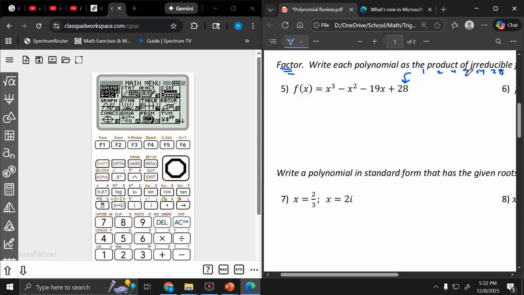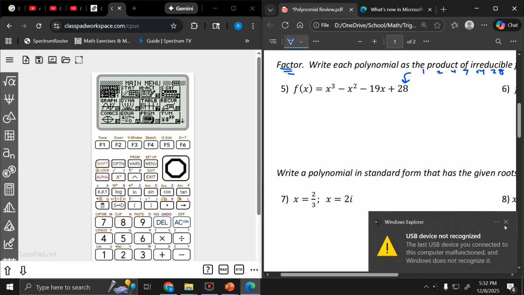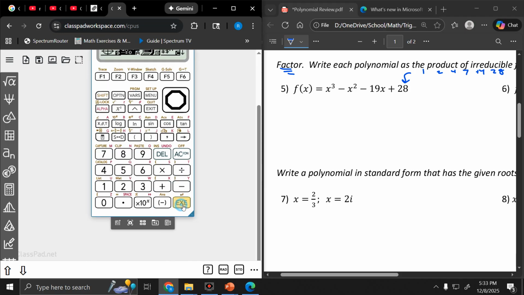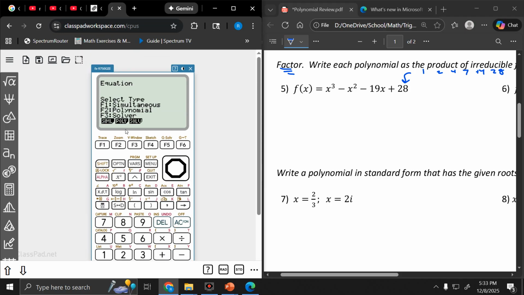But we'll cheat. We'll come over to our calculator. So over here on our calculator, we are going to go over to equation, and we'll select polynomial, and this is a degree 3, and I'm going to type all of these in.